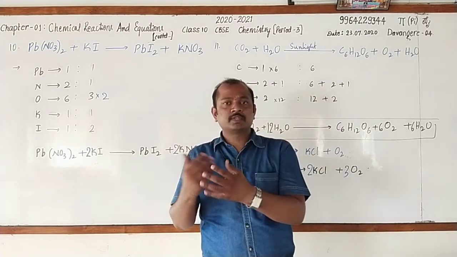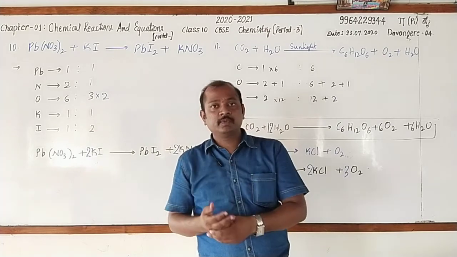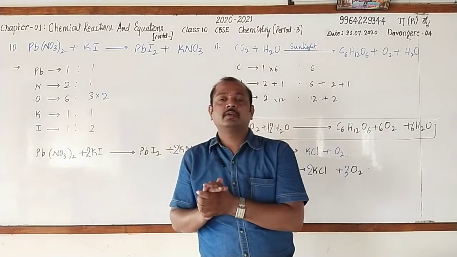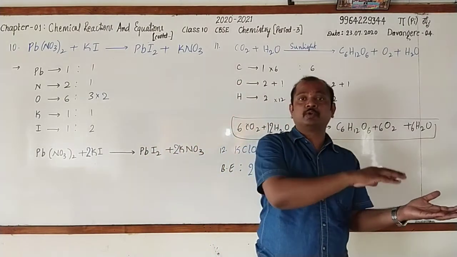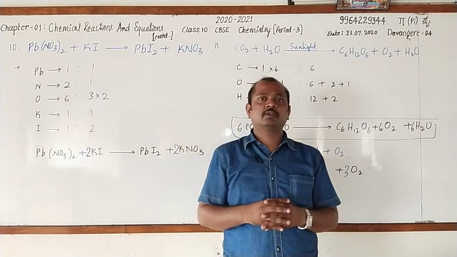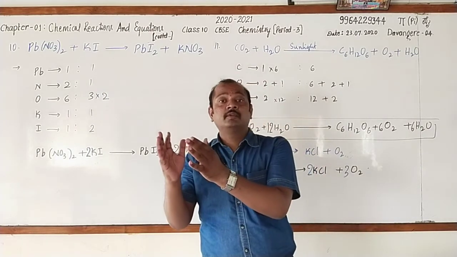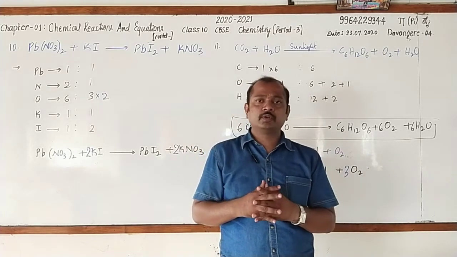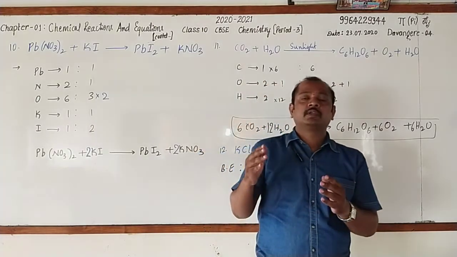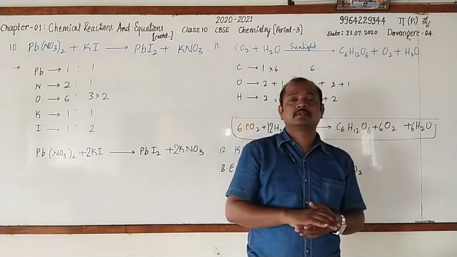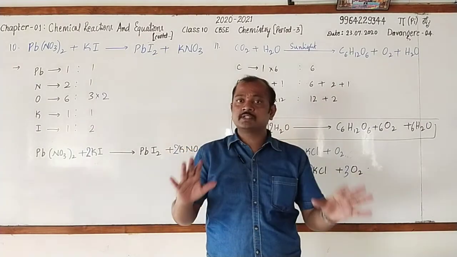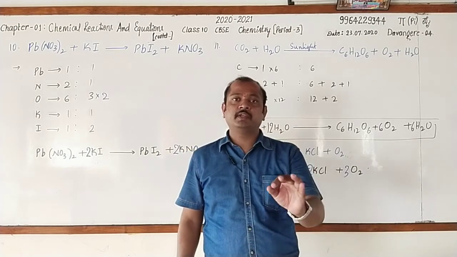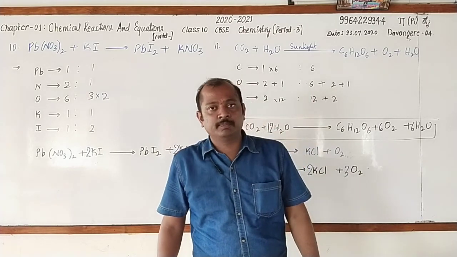Two or more substances may react with each other and one product may be formed, or there will be one reactant and it may get split up into 2 or more substances or products. Or in the reactant side there may be two reactants, and these may undergo chemical reaction to form 2 or more substances, nothing but products. Based on these changes, we can classify chemical reactions into some types.